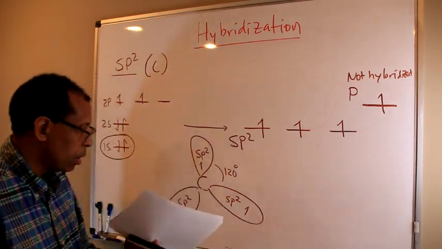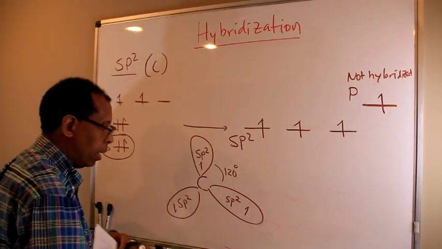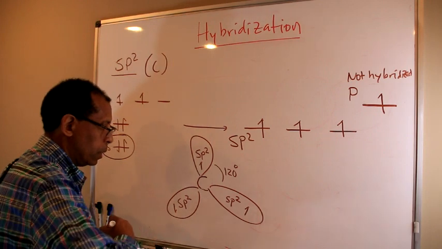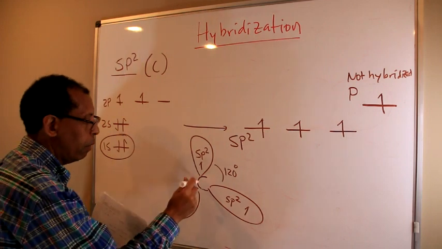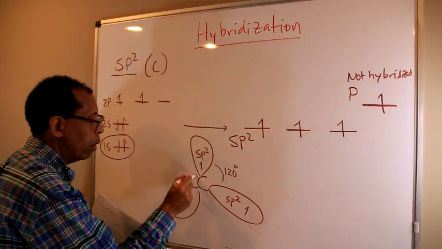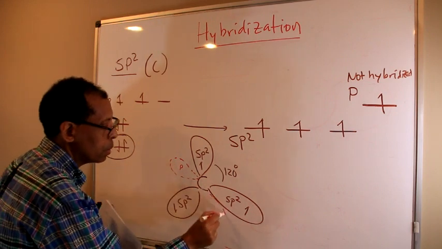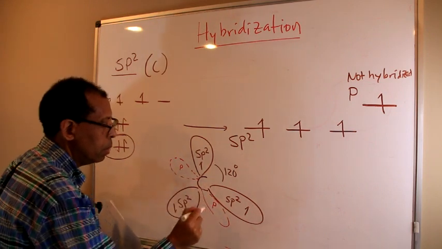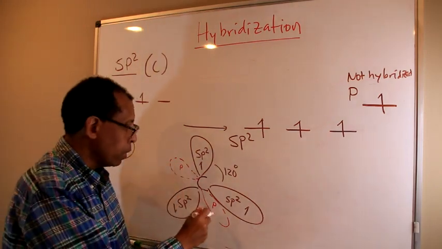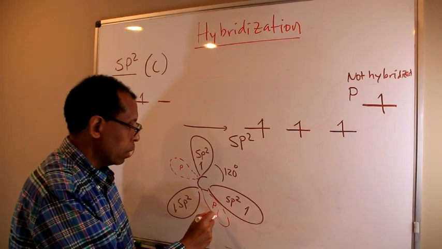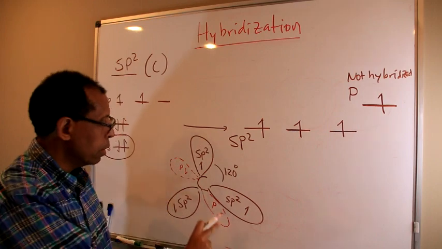I will just draw it so that you identify it as a p orbital, but it is 90 degrees to the surface of these sp2 orbitals. The red one, at 90 degrees, is the unhybridized p orbital with one electron. So it's only one electron on a p orbital.